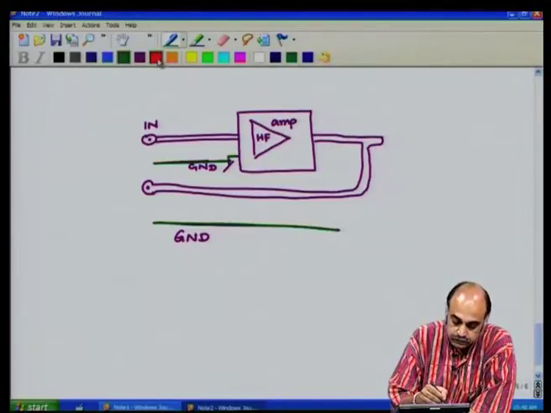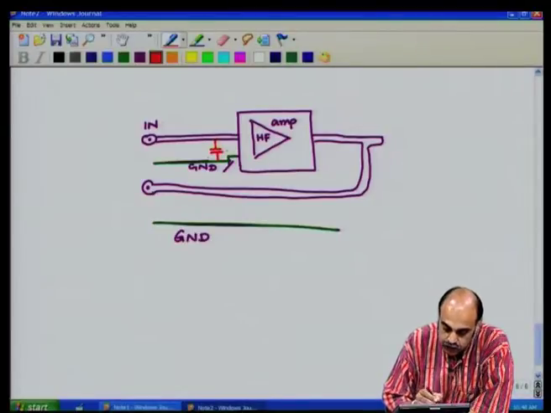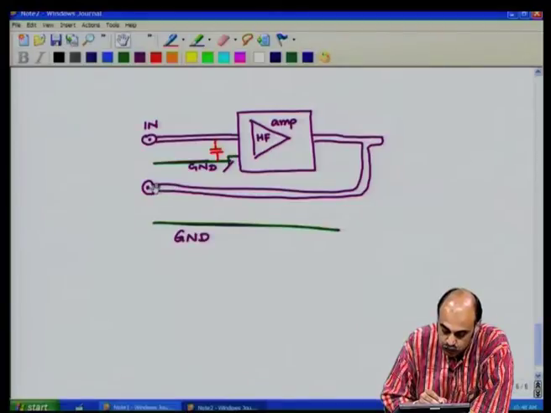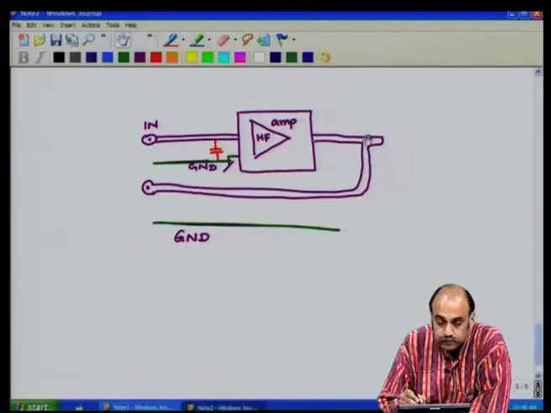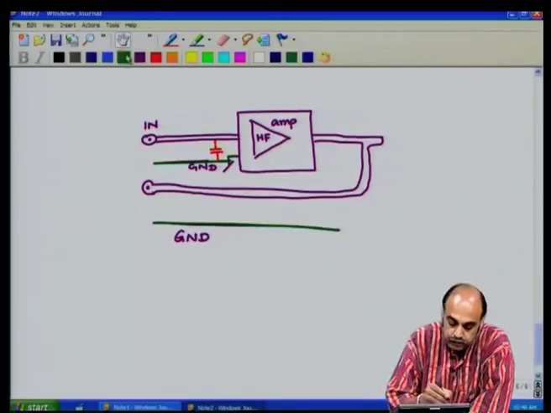Now, the problem is I could have a capacitance between this track and this track, that is, a capacitance between the input track and the ground line here. I could have a capacitance between this output track and another track, the ground track here, okay.